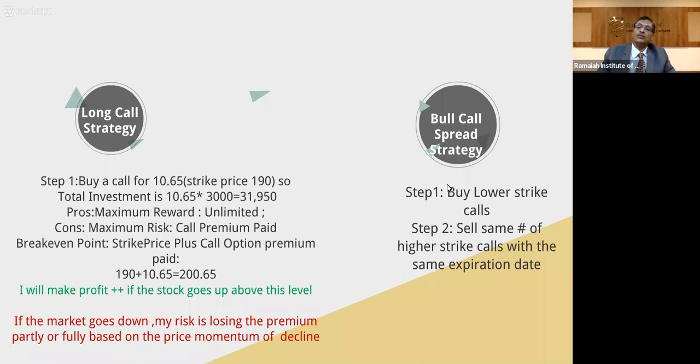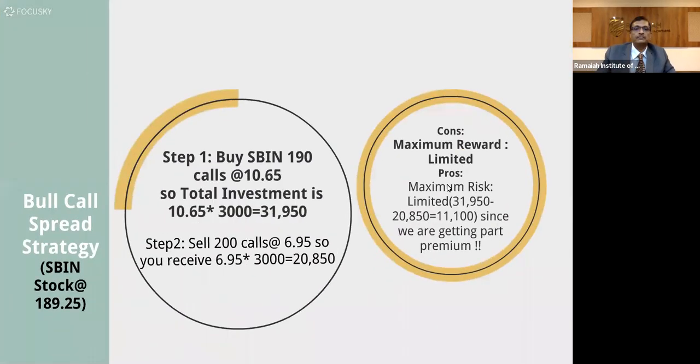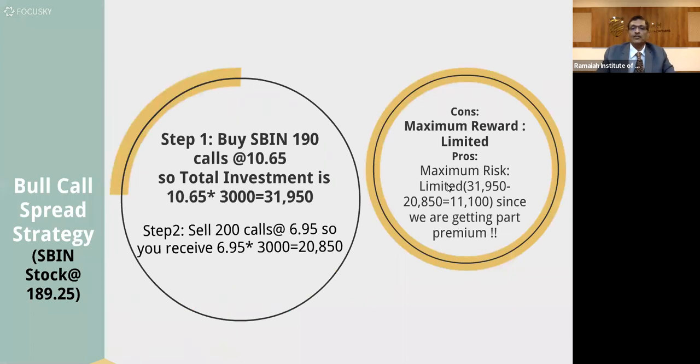But what I do is I sell the same number of higher strike calls, which means I sell 195 or 200 with the same expiration date. That's known as the bull call spread strategy. And let's look at what it actually means. So the bull call spread strategy is what we are discussing, and let's break it down into details.